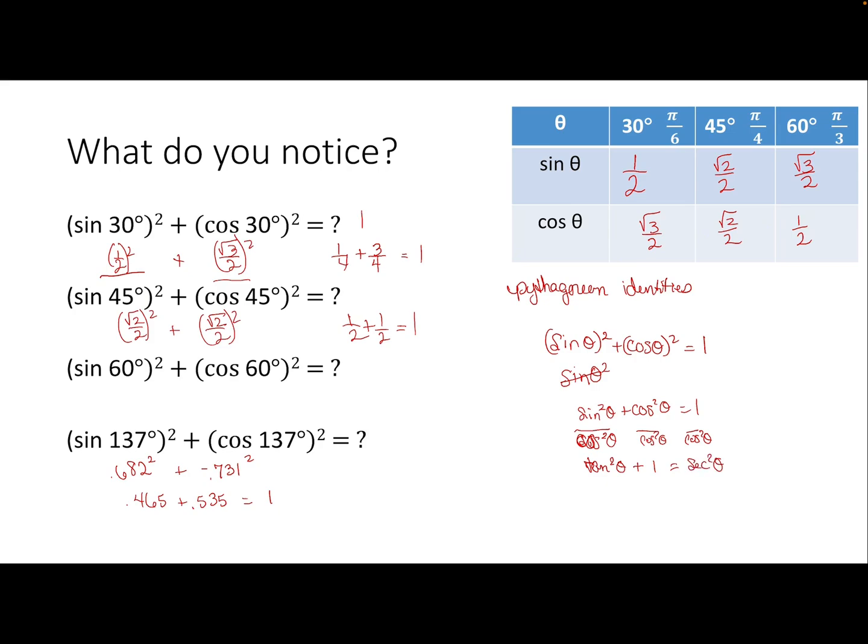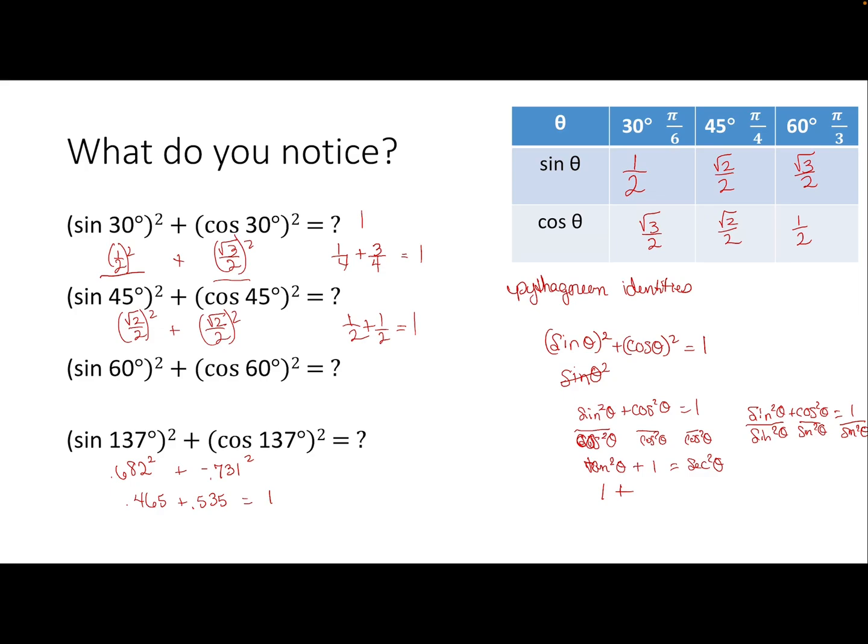So we have a second trig identity. And if we had taken the sine squared of theta plus the cosine squared of theta equals 1 and divided it by the sine squared of theta, dividing every single term by the same thing, we get 1 plus, well, cosine squared over sine squared.